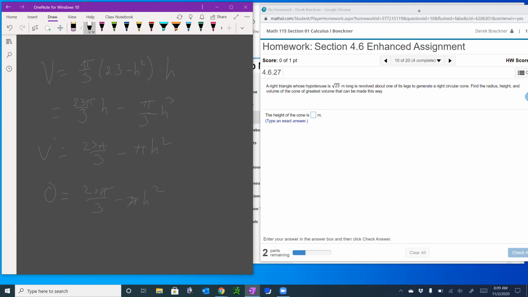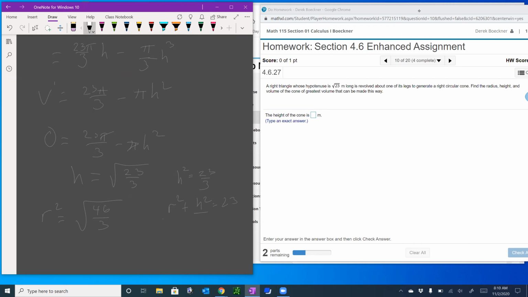Pi's cancel. You get h is the square root of 23 over 3, which we can now solve for r squared. That's going to be the square root of 46 over 3, I believe, because I want 2/3 of it there. Because h squared equals 23 over 3, and r squared plus h squared equals 23.